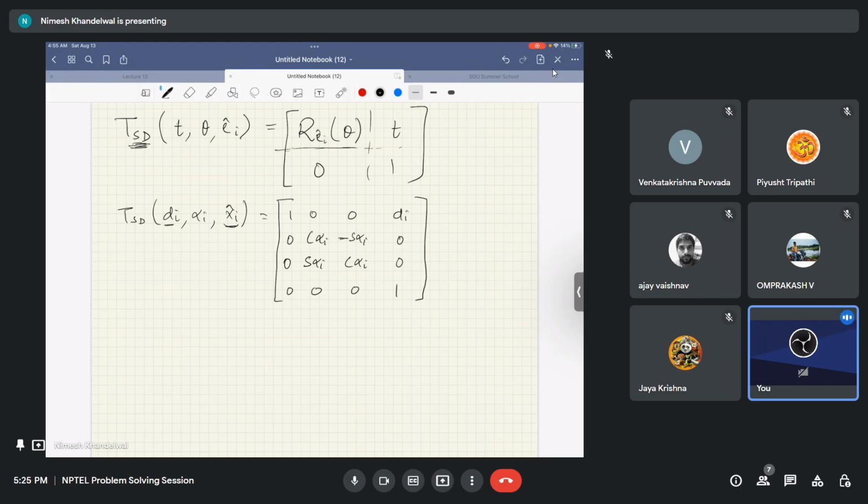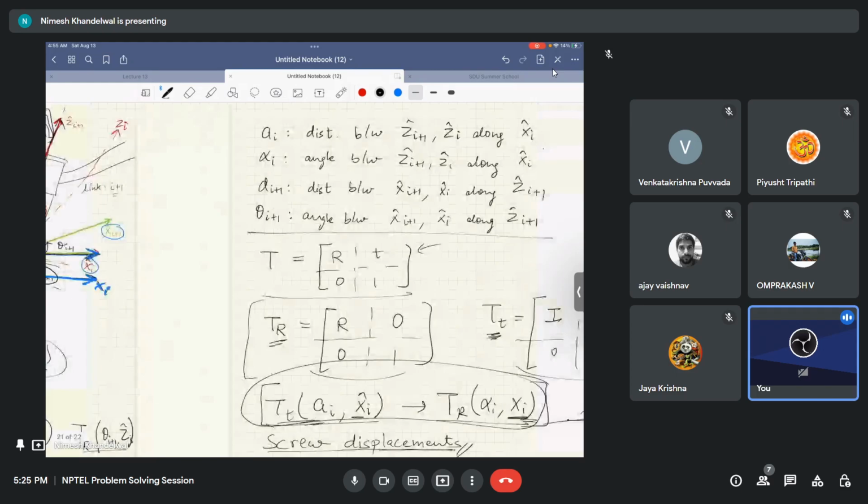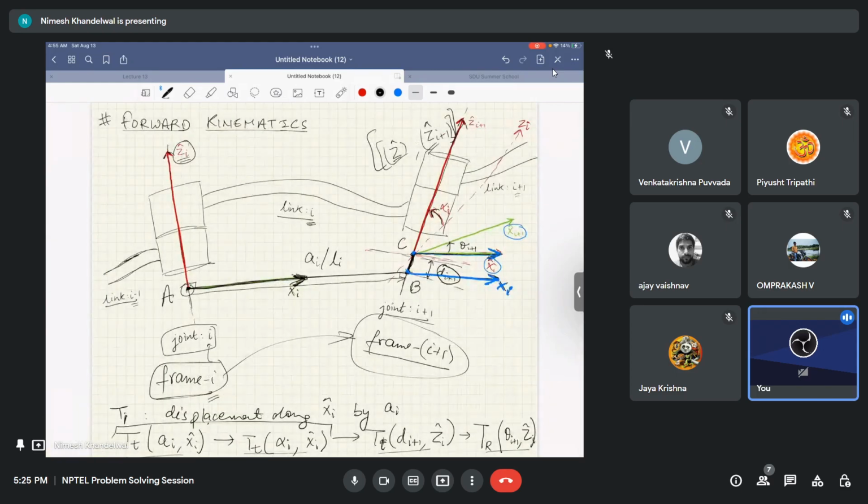So this is the first screw displacement. Let us say that I call it screw displacement 1. And what was it followed by? The second screw displacement, I'm calling it screw because I already know that it was a screw displacement, but you have to make sure of it.